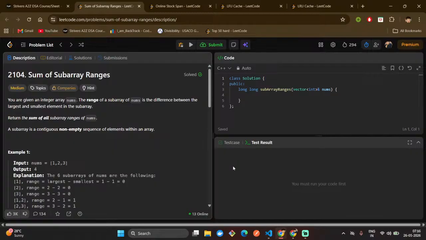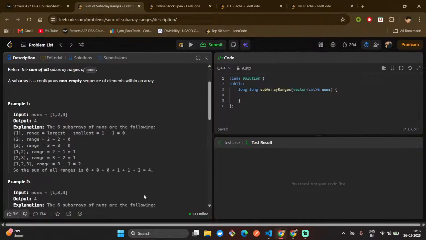I don't think it's going to work. Let's try to cut it down.